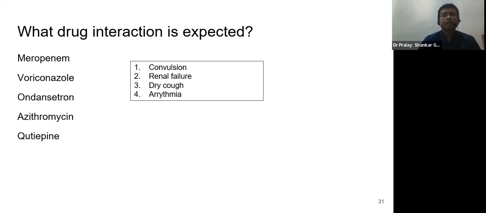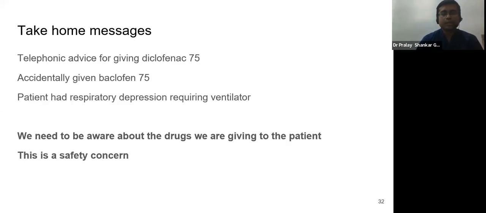And the take home message from today's class. I will give one example which I have heard of. I have not seen this patient. There was a telephonic advice for giving diclofenac 75 to one patient who was under palliative care for pain management, but somebody accidentally heard it as baclofen, and baclofen 75 milligram was given.